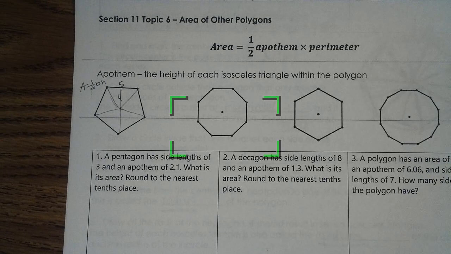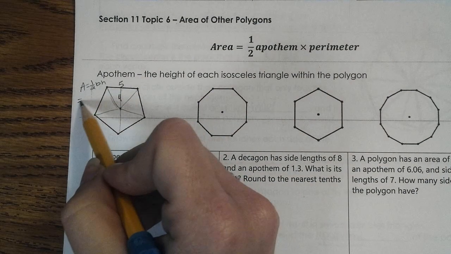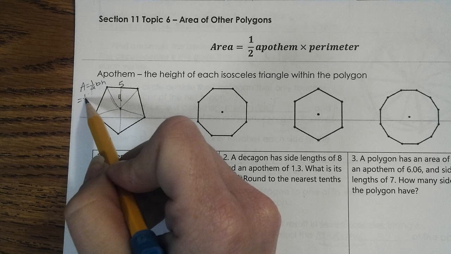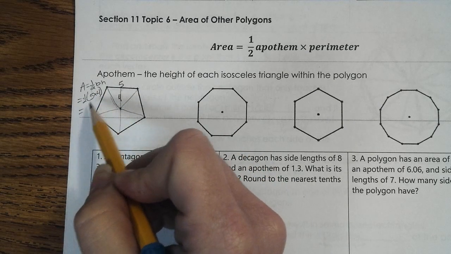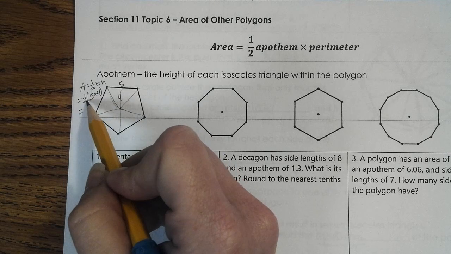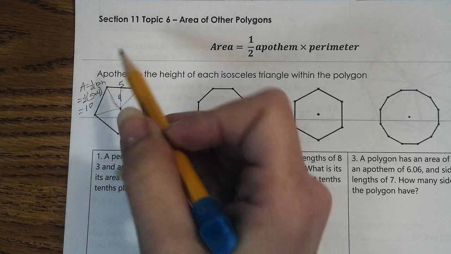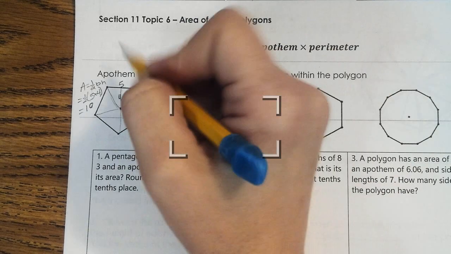The base is 5, so 1/2 times 5 times the height, 4. 5 times 4 is 20. Half of that is 10. So you could find that the area of that triangle is 10.